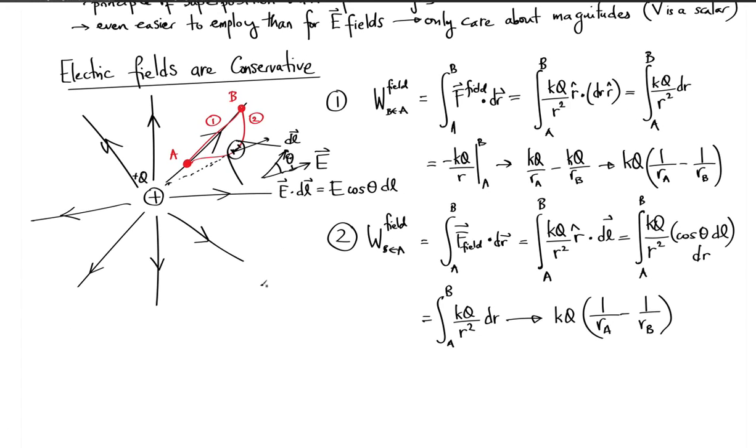To make a long story short, the work done in going from B to A is path independent, and therefore the electric fields are conservative.